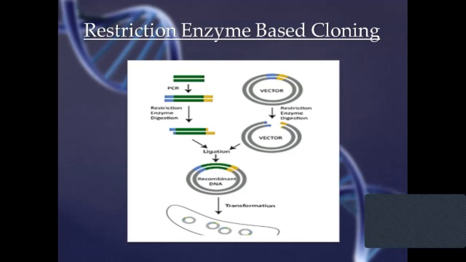Your DNA insert must not contain an internal restriction site similar to the restriction site on the plasmid. Your restriction enzyme can cut your DNA insert at this internal restriction site and produce unwanted smaller pieces of DNA fragments, which we obviously don't want. You can choose to use one or two enzymes to cut the DNA fragment and vector.